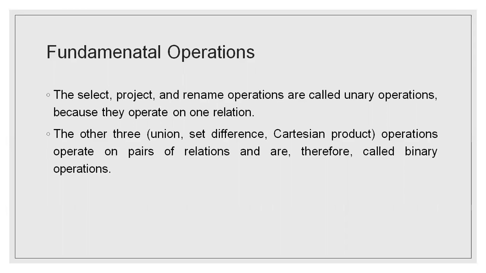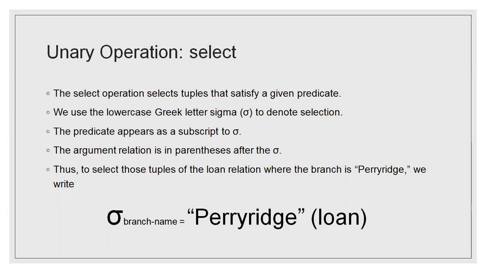In multiple choice questions, you may be asked about unary and binary operations. So keep in mind, select, project, and rename are unary operations, whereas union, set difference, and Cartesian product are binary operations. Let us start with unary operations.